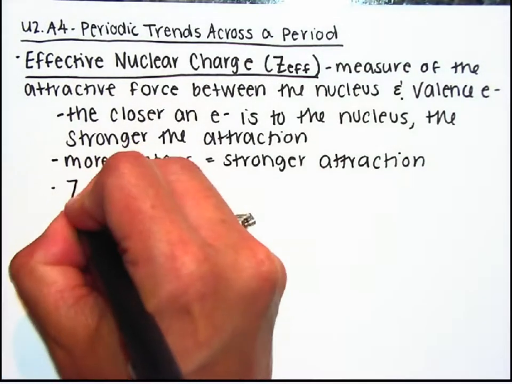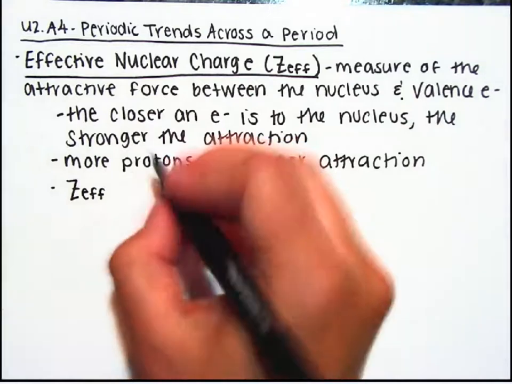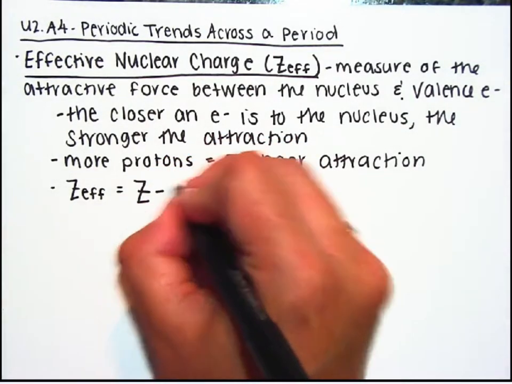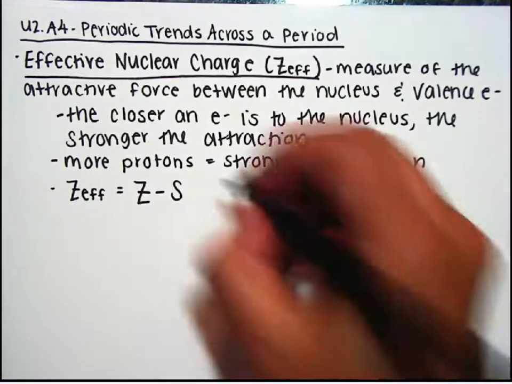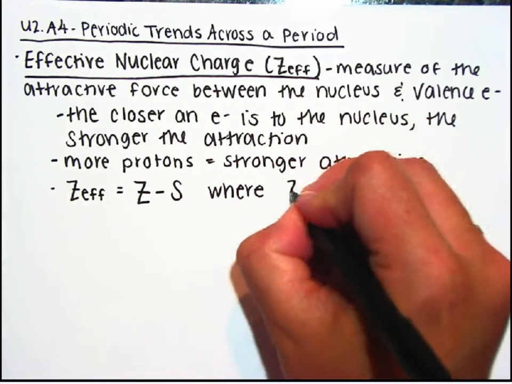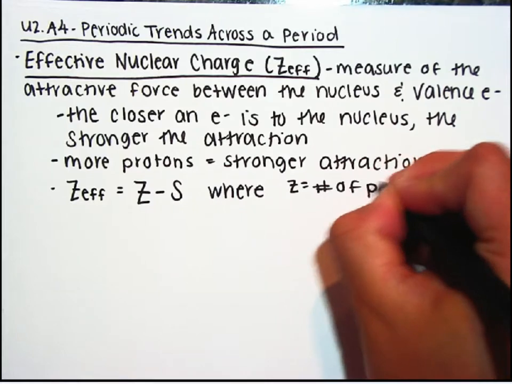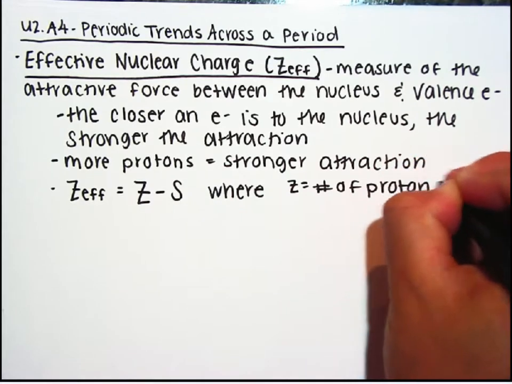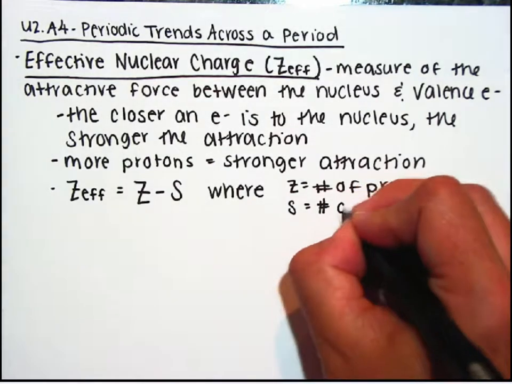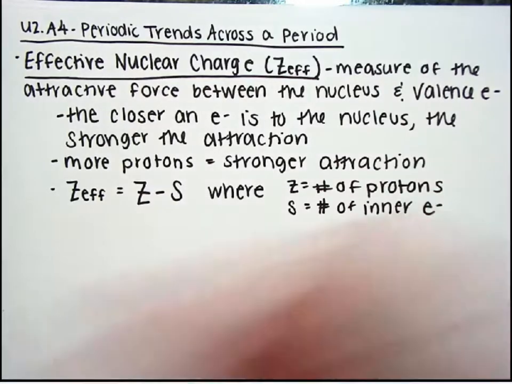For this class, you won't have to calculate ZEF, we just need to understand the relationship. But if you were to calculate ZEF, the equation would be Z minus S, where Z is equal to the number of protons and S is equal to the number of inner electrons.